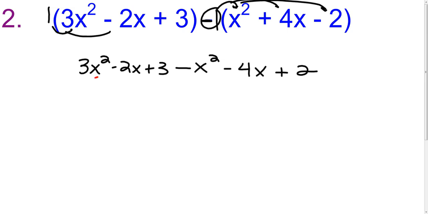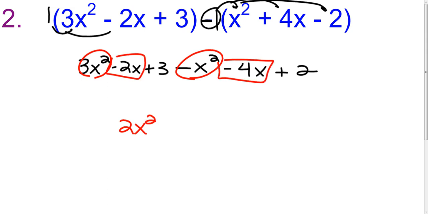Okay, so now I have 3x squared and negative x squared. I will only add and subtract my coefficients. I'm not multiplying these, so I don't want to add my exponents. I just want to deal with the coefficients here. So 3x squared minus 1x squared would be 2x squared. And then a negative 2x and a negative 4x would give me negative 6x.